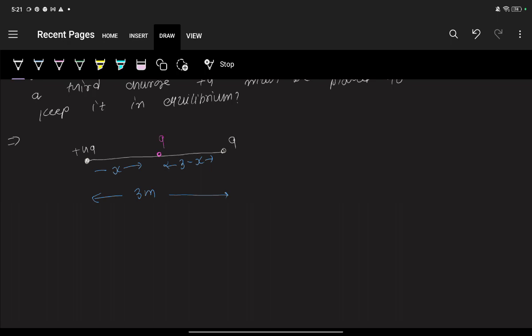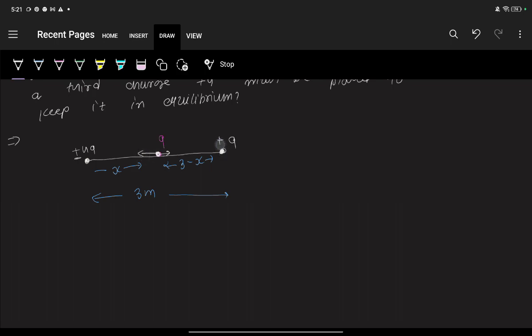So we know that they must stay in equilibrium, right? So the force on this charge due to this 4q must be equal to the force on this charge due to this small q charge.